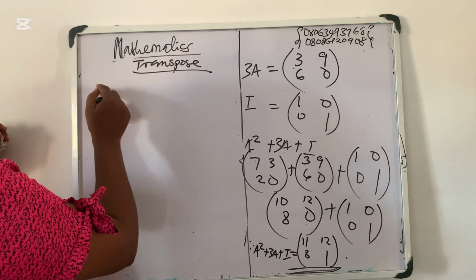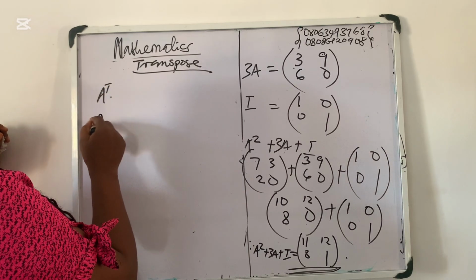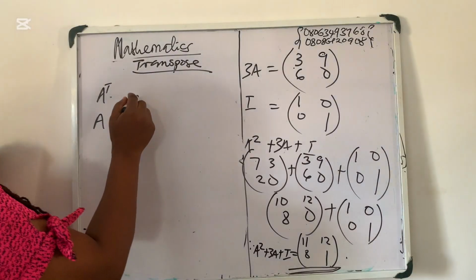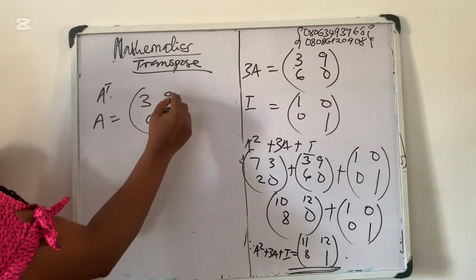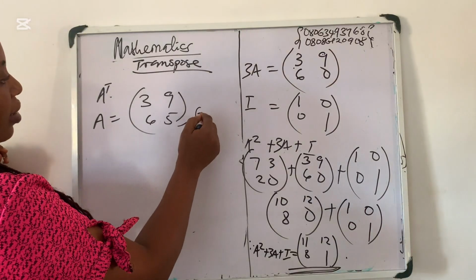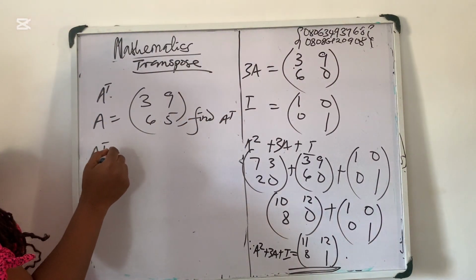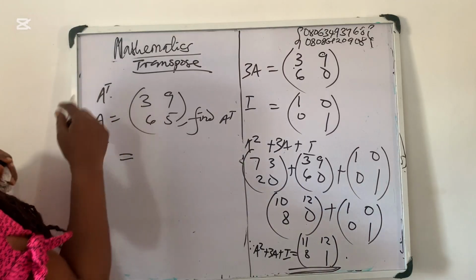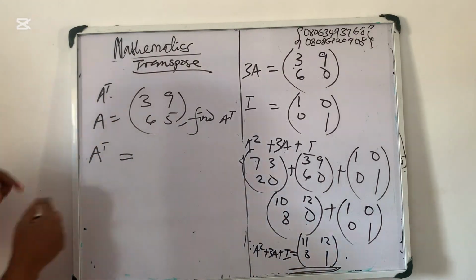It is denoted by this. Now let's look at this example. If you have A equal to 3, 9, 6, and 5, find A transpose.